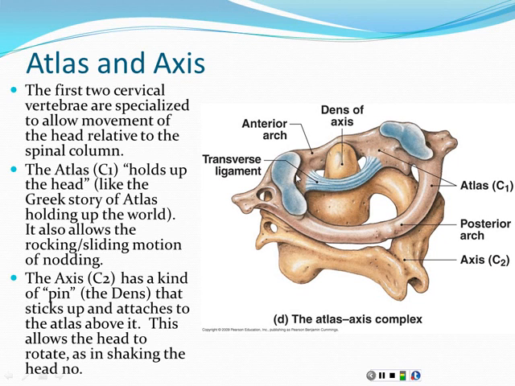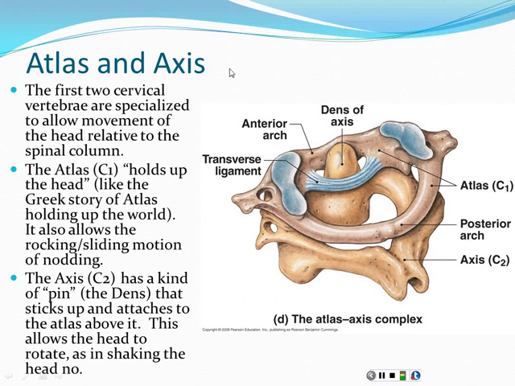That bony knob attaches to the atlas in a way that C1 can turn on C2. So the reason we can shake our heads no is because the atlas turns on the axis, allowing the skull to turn on C2. It gives our head that rotation that allows us to look left and look right.